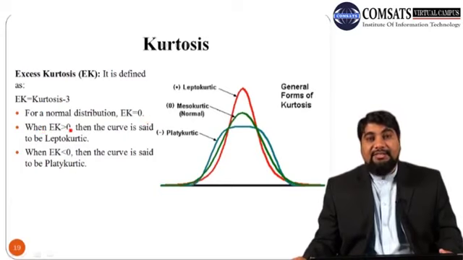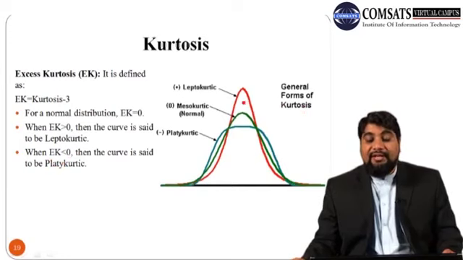And when kurtosis is greater than 3, suppose the value of kurtosis is 4, then 4 minus 3, we will get excess kurtosis greater than 0. So when excess kurtosis is greater than 0, the curve is said to be leptokurtic, and when excess kurtosis is less than 0, meaning kurtosis is less than 3, then the curve is said to be platykurtic.